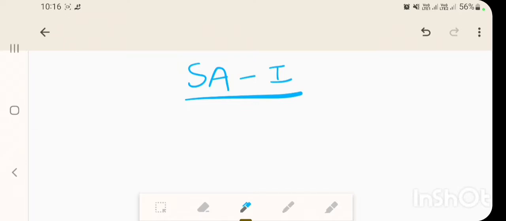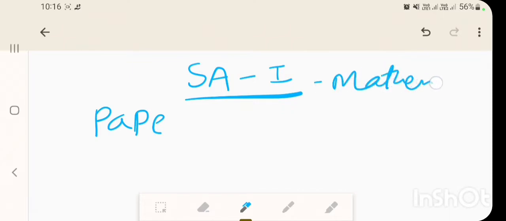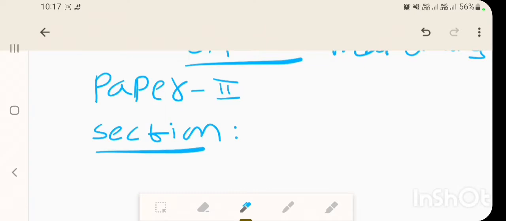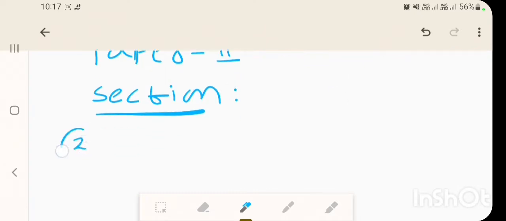It is Mathematics Paper 2 of SA1. In Paper 2, section 1, problem number 2 is given.